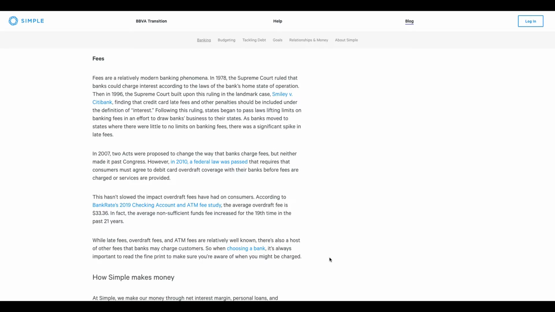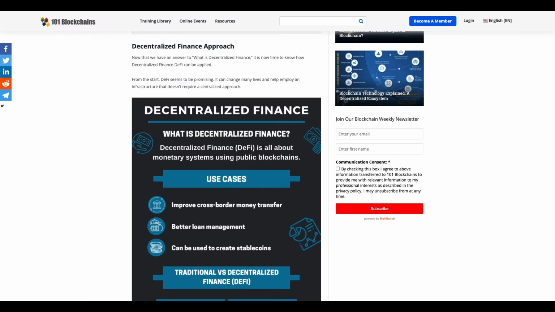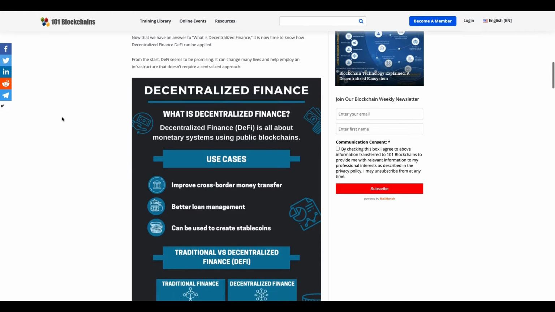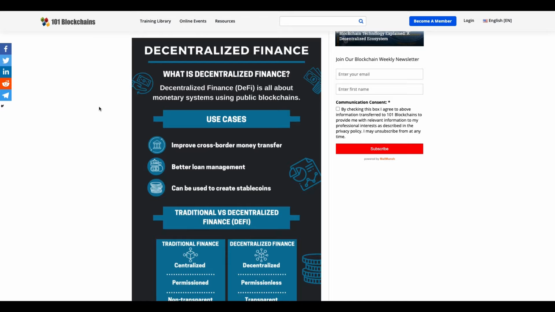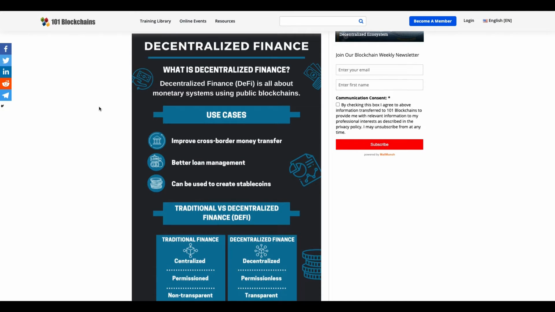But there's a huge solution to that, and as you see in the title, it is called Decentralized Finance. If we look at this picture here, decentralized finance is basically the decentralized version of banks.